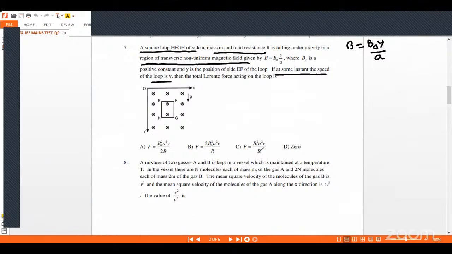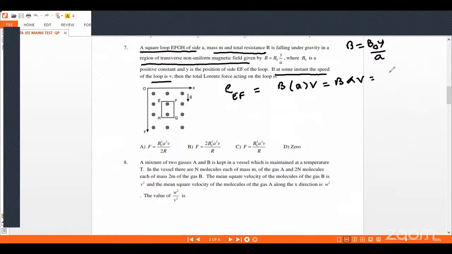So the motional EMF along EF will be BLV, that is B into A into V.